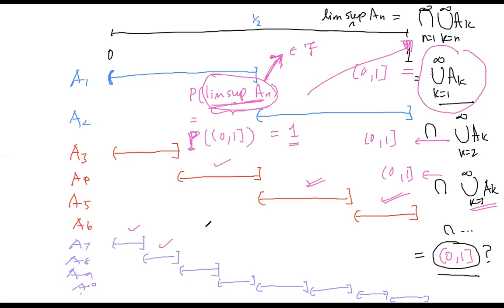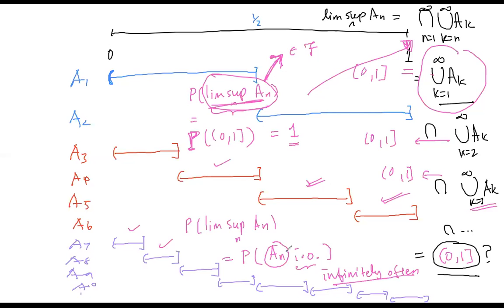And we will also say something like this. When we say P of lim sup AN, this is the same as writing AN I.O. This IO here means infinitely often. So this is saying this event AN occurs infinitely often. This is just a different way of saying this, right?